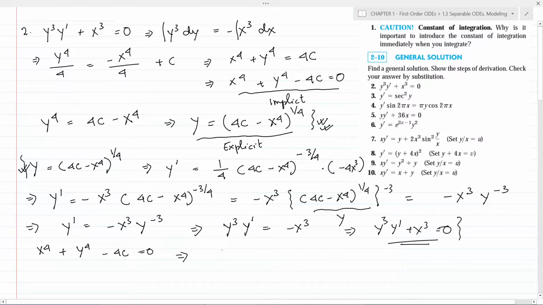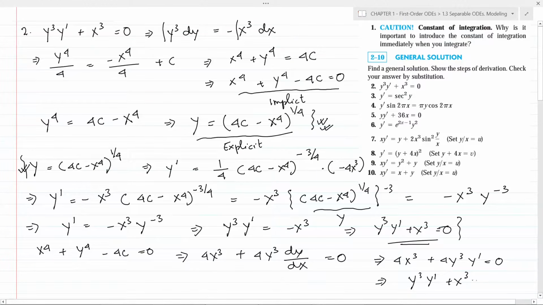We differentiate both sides with respect to x and we get 4x cube plus 4y cube dy by dx is equal to 0, which implies 4x cube plus 4y cube y dash is equal to 0, which implies y cube y dash plus x cube is equal to 0. Now we see that using the implicit form of the solution also we can get the original differential equation.